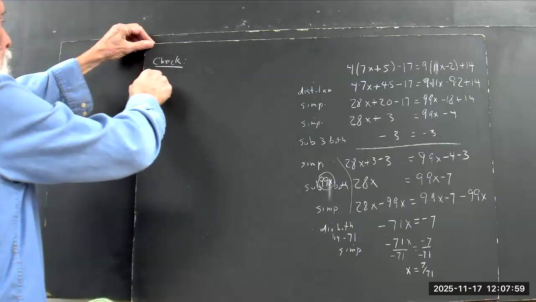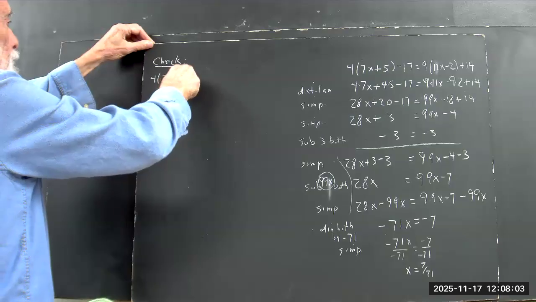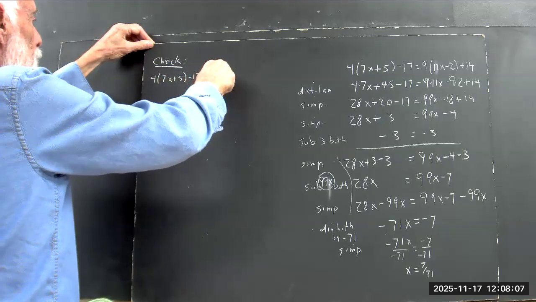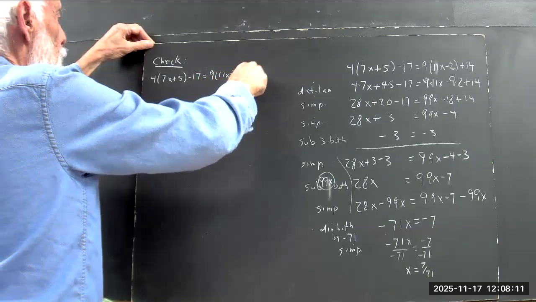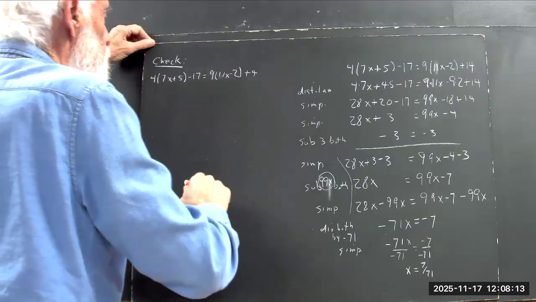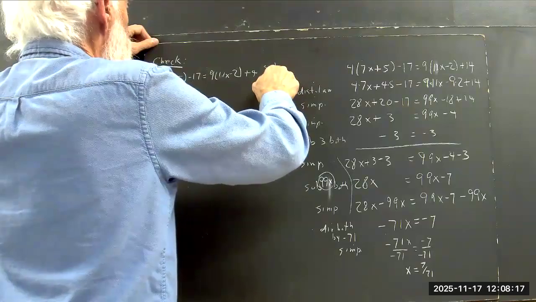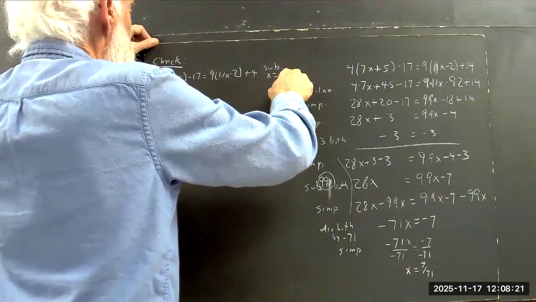We have 4 times 7x plus 5 minus 17 equals 9 times 11x minus 2 plus 4. We substitute x equals 7 over 71.